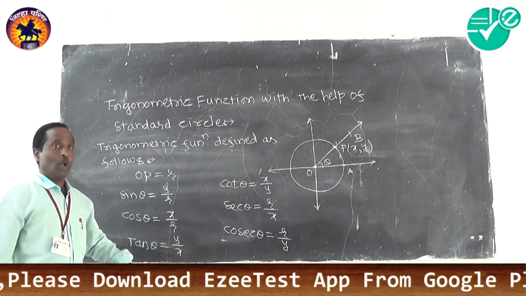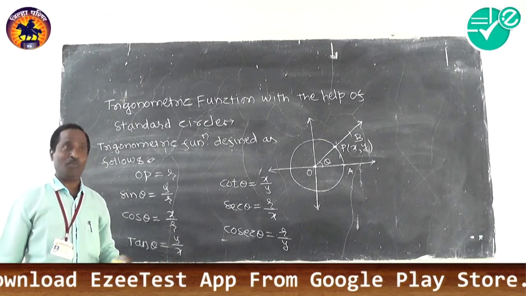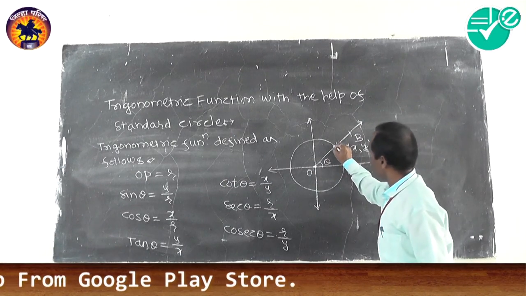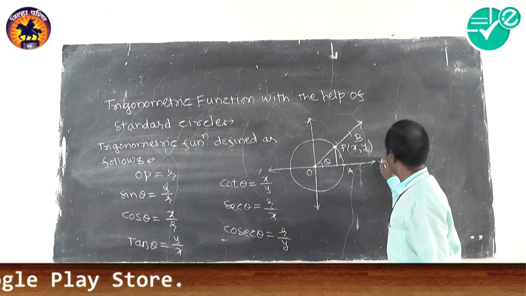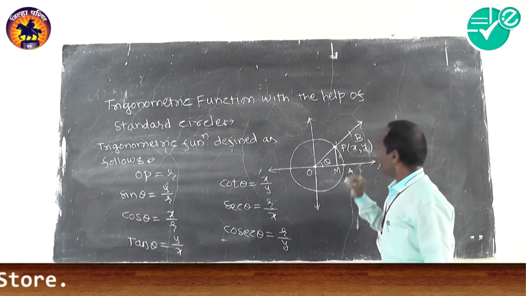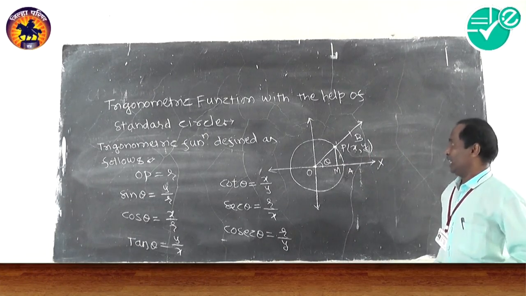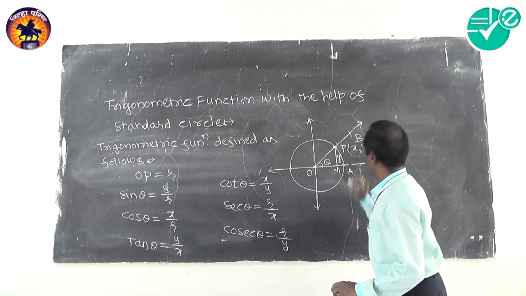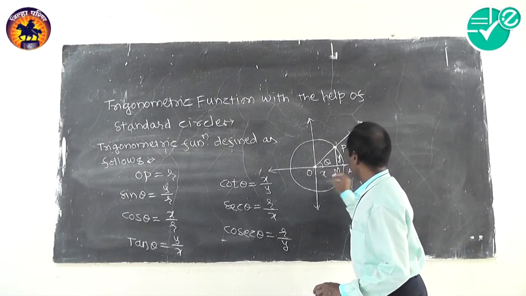Now we are going to think, is this definition, this concept, different from the right angle triangle? No, both the concepts are the same. For that we draw a perpendicular from point P on the x-axis, that is PM perpendicular to the x-axis. Then the length of PM is y and the length of OM is x.